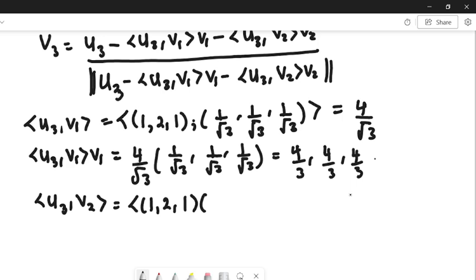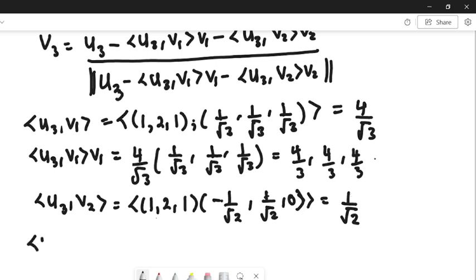Our V2 is (negative 1 over root 2, 1 over root 2, 0). This one will give you negative 1 over root 2, this one will give you positive 2 over root 2, and if you add you get 1 over root 2.